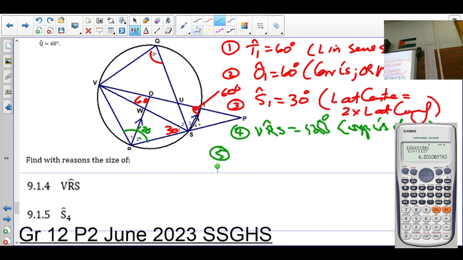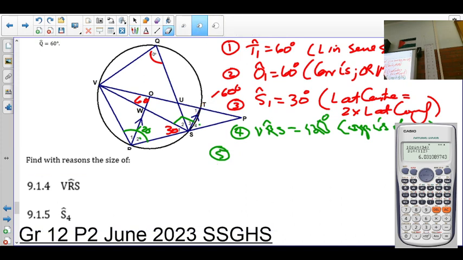Here we can see that VT, that is 90, so I can go with angles on the straight line. Not so? So VS, what is this? What letter is here? VST. So VST is equal to 90 degrees. Why?